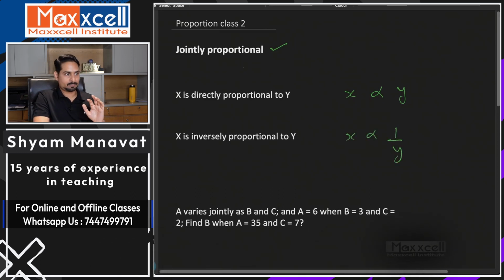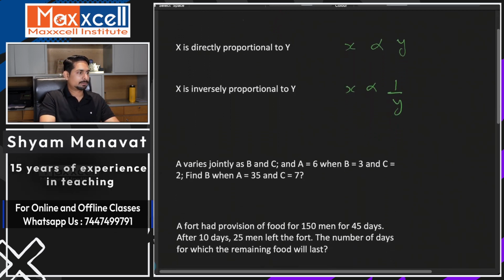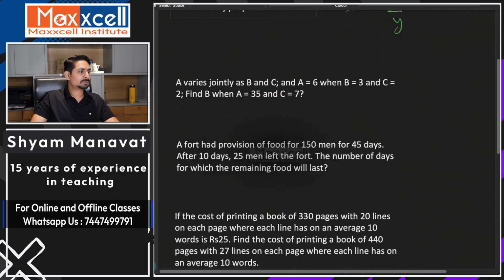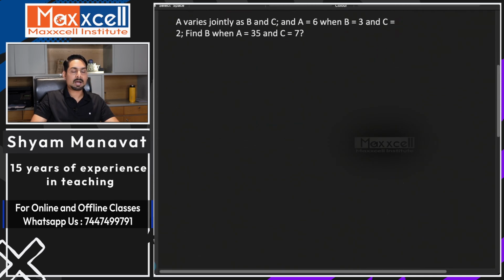Inversely means 1 upon y, inverse effect. This is what we discussed in the previous lecture, and some questions based on that, how to apply chain rule. I hope you have gone through that.